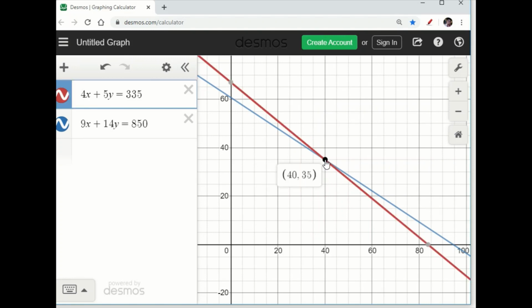You can see the intersection point is exactly 40 for x, which is our A, and 35 for y, which is our B. So you can use graph paper and draw the two straight lines to represent the two linear equations, and the intersection point is the solution for this system.